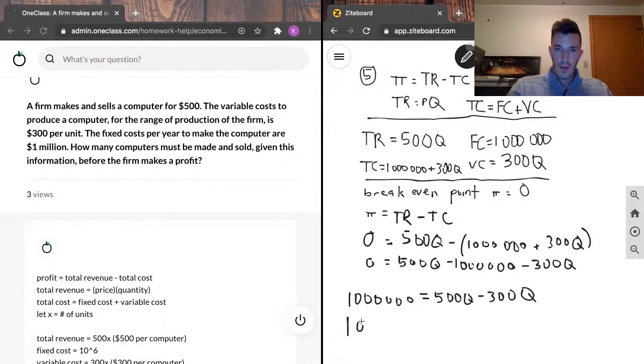We've got 1 million equals 500Q minus 300Q, which leaves 200Q. We're then going to divide both sides by 200. And our Q star, or our break-even point, is going to be 5,000.